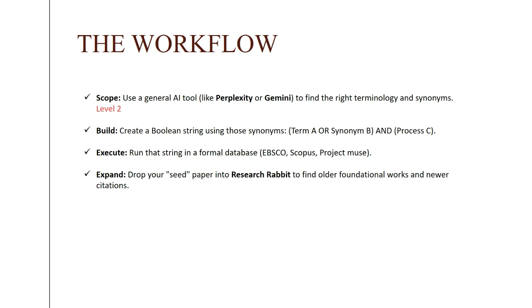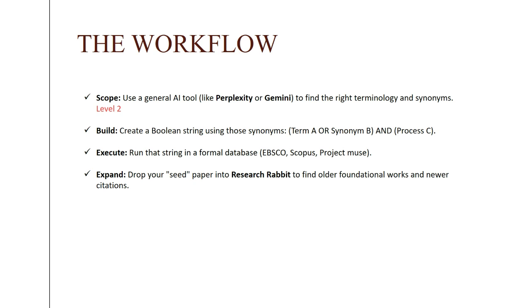So you can use general AI tools that are popular, your ChatGPTs, your Geminis, Perplexity, etc., to find the right terminology and synonyms. So you can play around with words, how best to express yourself to a database. Maybe you want to search on Taylor and Francis. You can play around with words, find synonyms, etc.